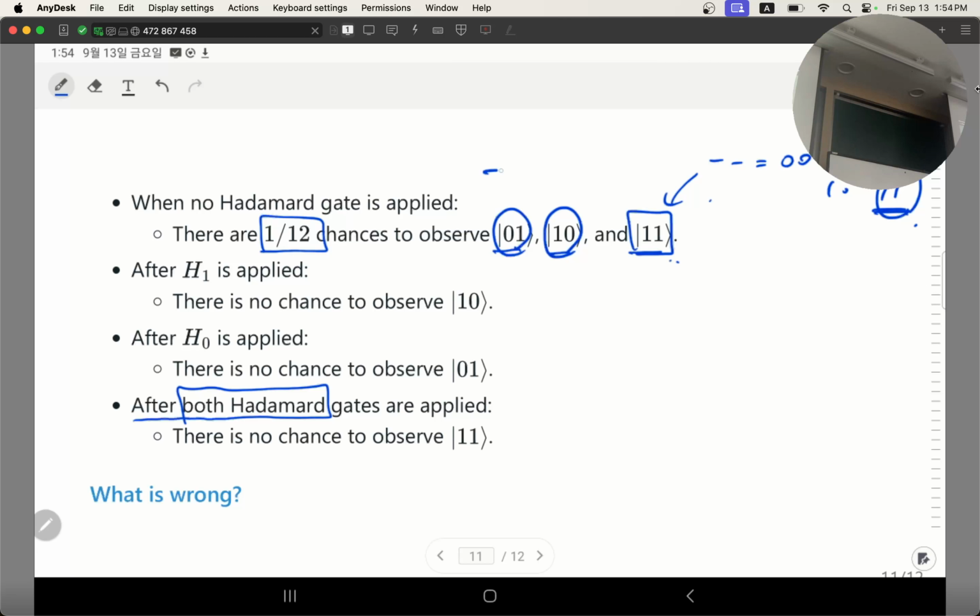So this is plus minus and minus plus. Therefore, if there is some part of the quantum state that appears to be one of these states, then even if I take the Hadamard, I still have to have a chance to observe 1, 1. But that does not happen, because this 1, 1 disappears after taking the Hadamard.